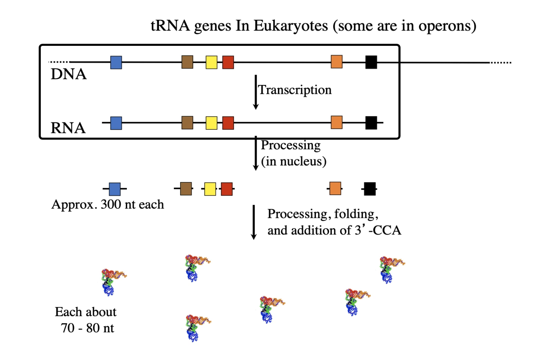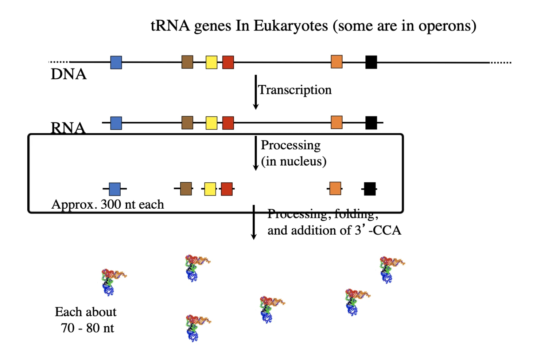In producing that long transcript, it also produces several other tRNAs in the process. Then in the nucleus, there is processing of those, usually by RNA molecules, enzymatic RNAs, which separate each of the tRNAs plus a little more. So there are approximately 300 nucleotides in length for each one of those.